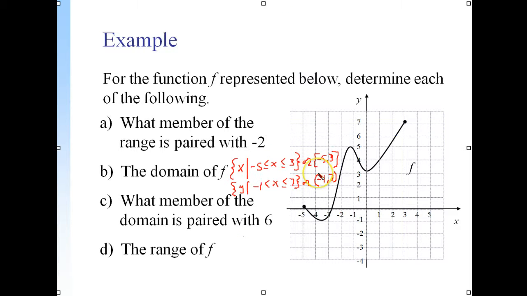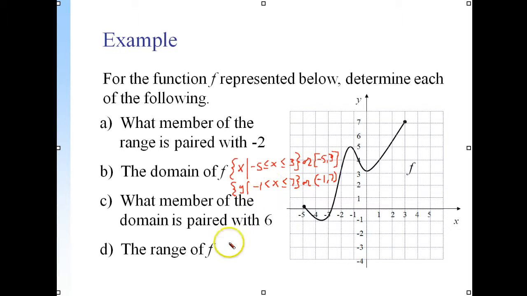And I see the textbook, the slides, are using set builder notation to indicate the domain. So we say that x is such that -5 is less than or equal to x is less than or equal to 3, or as we put it in interval notation.